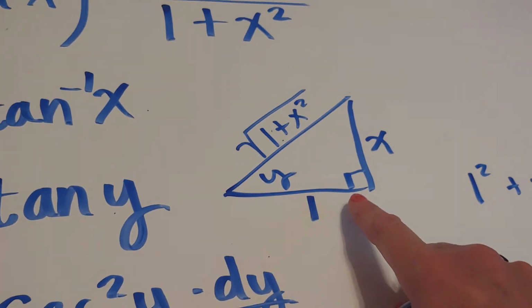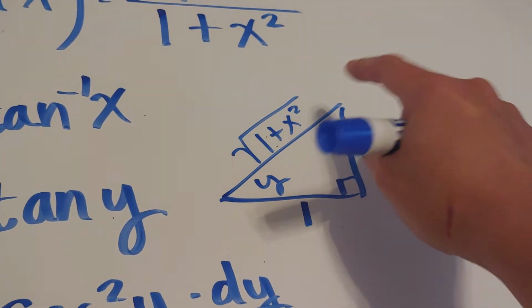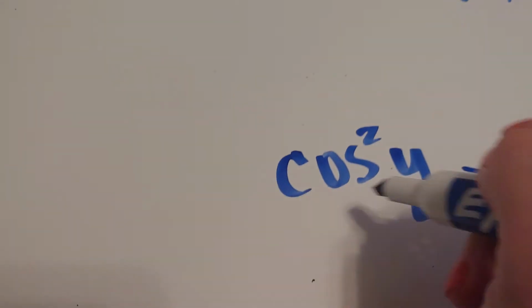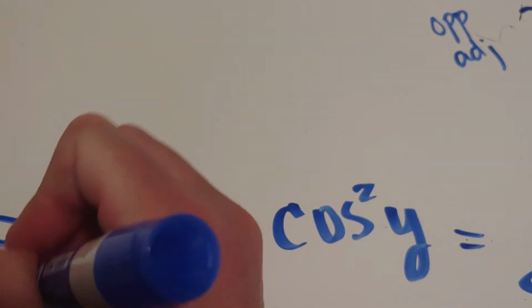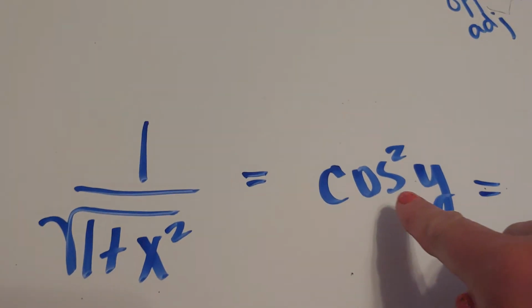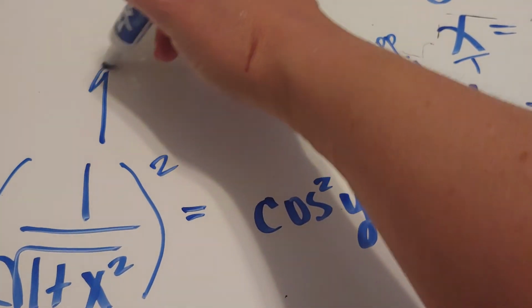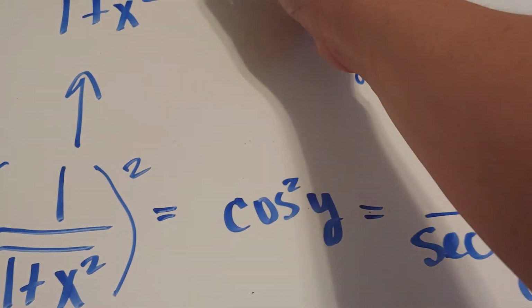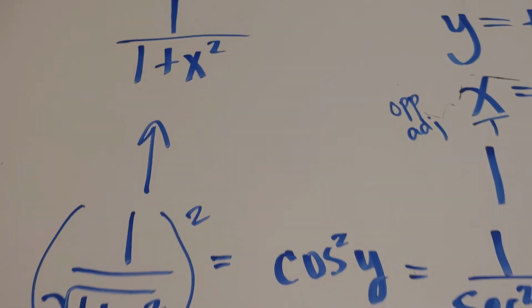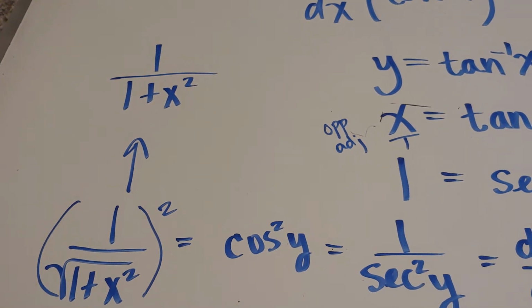The cosine would be adjacent over hypotenuse, which is 1 over the square root of 1 plus x squared. Oh, but don't forget, this is squared. So notice what we get: 1 over 1 plus x squared. Ta-da! Pretty cool, right? I think it's cool, but of course I'm a math nerd.